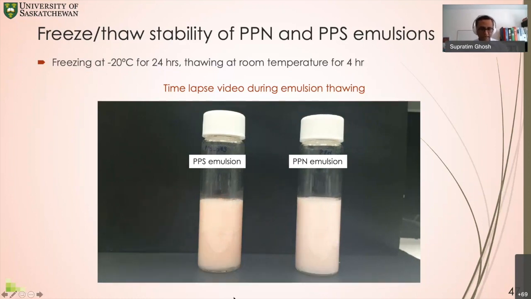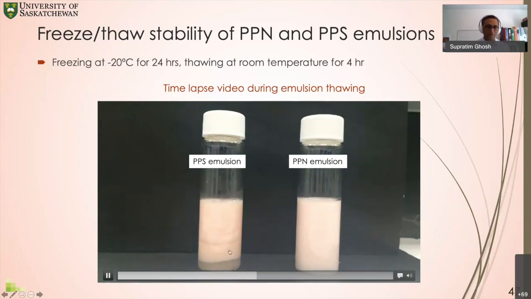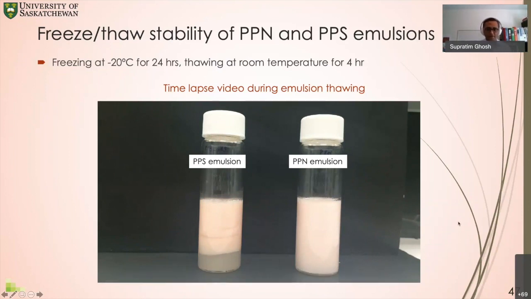So you can see right at that moment, the PPS emulsion, there is a phase separation happening, droplet coalescence, they are creaming, but the PPN emulsion remains very stable. So this was really exciting, that the PPN emulsion remained stable.